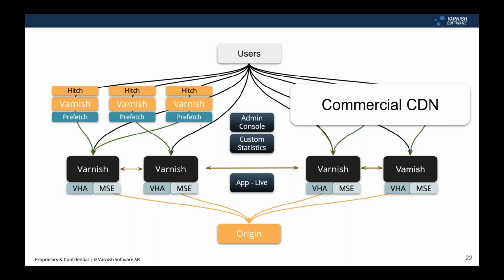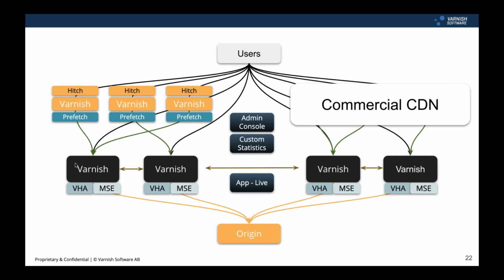So that's how the architecture would look. Let's say you want to keep your commercial CDN, which is fine. Next to your commercial CDN, you may want to implement your do-it-yourself CDN with Varnish. And again, you're going to have an edge layer made of a different set of Varnish machines, which plays the same role as this commercial CDN. They're both facing users and they both need to make sure to deliver content to those users.